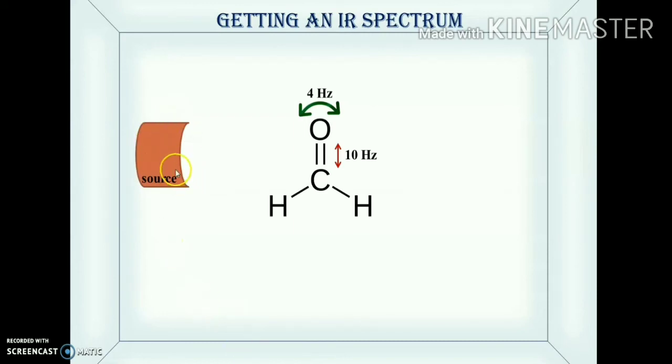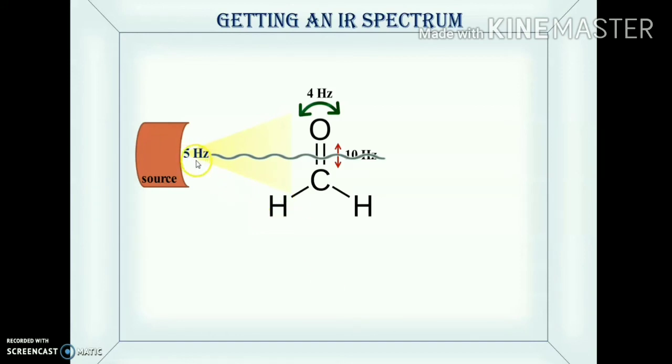From this source, the IR radiation moves out and passes through the sample holder, which is holding my sample of formaldehyde. The IR radiation is made incident upon this sample. Now let us see what might happen. Suppose the frequency of the IR radiation is, let's say, 5 Hertz. So what happens?